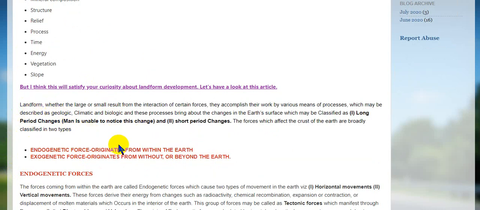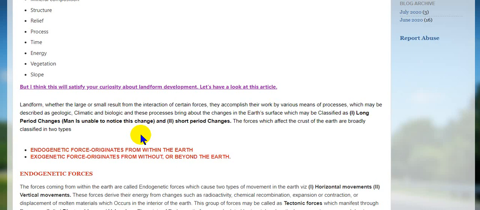Landforms, whether large or small, result from the interaction of certain forces. They accomplish their work by various means or processes, which may be described as geologic, climatic, and biologic. These processes bring about changes in the Earth's surface, which may be classified as long period changes.